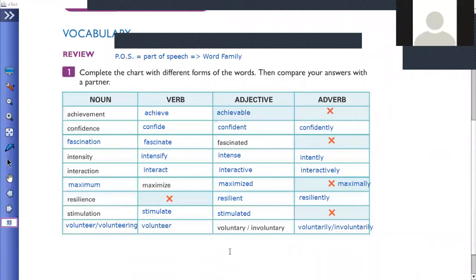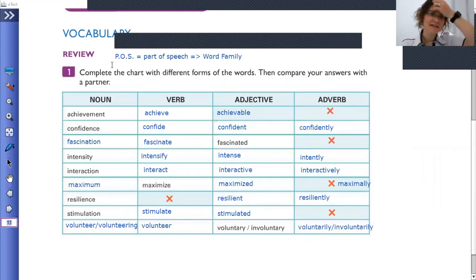So remember, noun, verb, adjective, adverb. An adjective modifies a noun, so it gives explanation or added information about the noun. So we always use a or an in front of a noun, and then it will be singular, only one. That's called indefinite articles, and the definite article is the. The can be for plural and singular. And then adverbs modify a verb. They give us information about the verb.